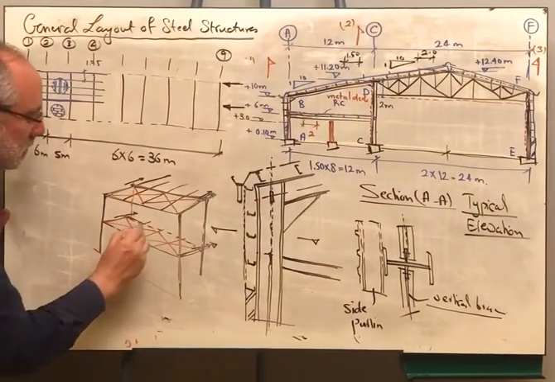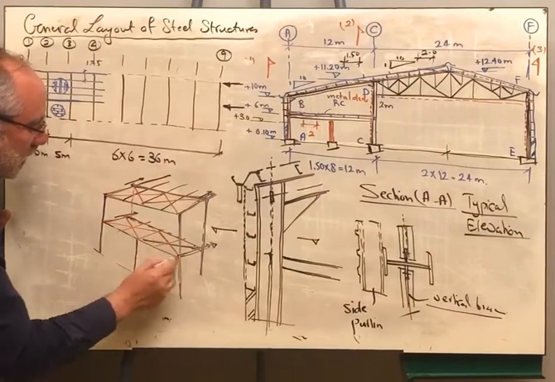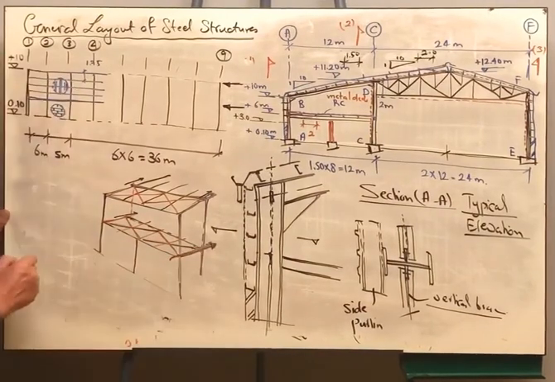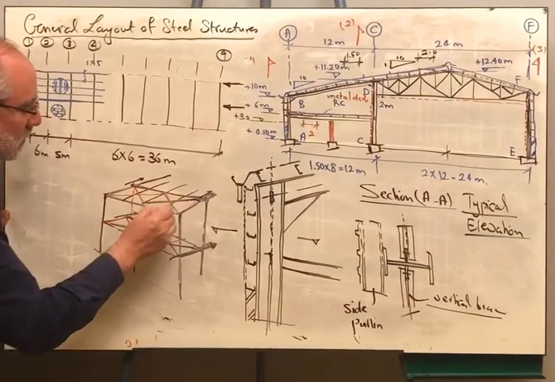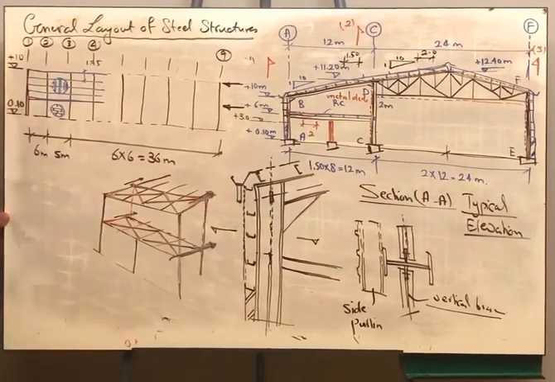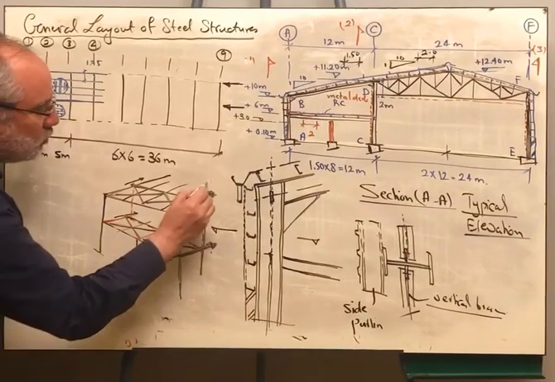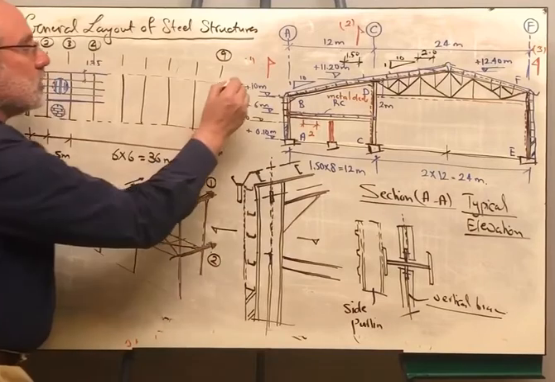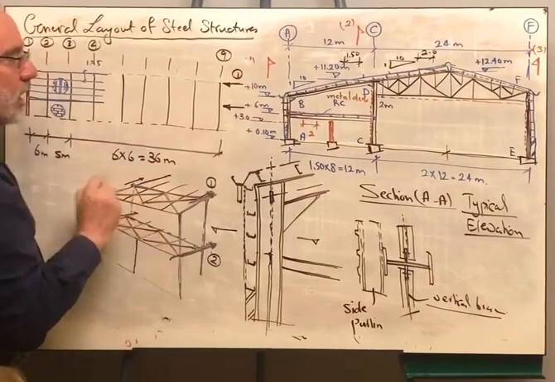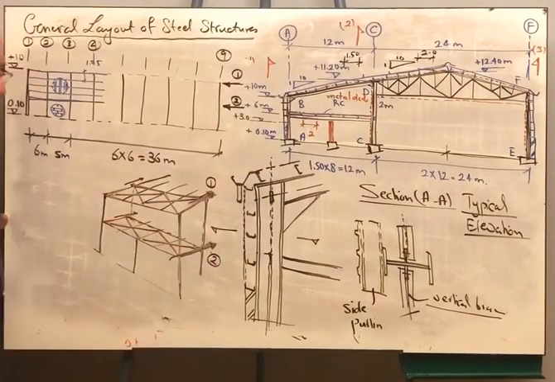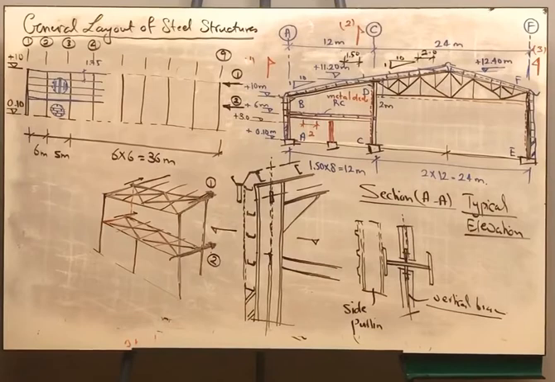As you can see here, this horizontal bracing will transfer a load to the column in the out of plane direction, and this horizontal bracing will transfer a load to the column in the out of plane direction. If I call this force 1 and this force 2, force 1 is caused by the upper bracing, and force 2 is caused by the bracing of the mezzanine.